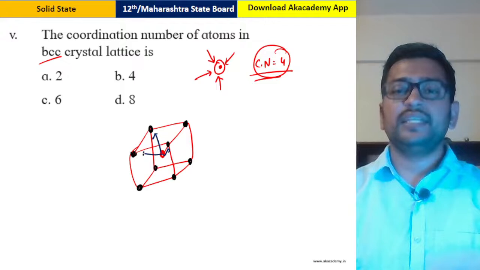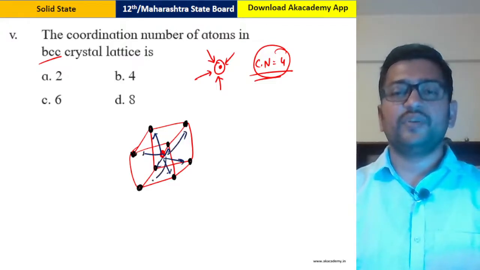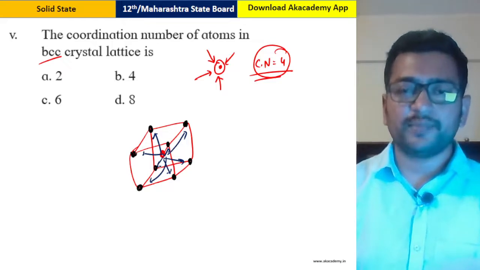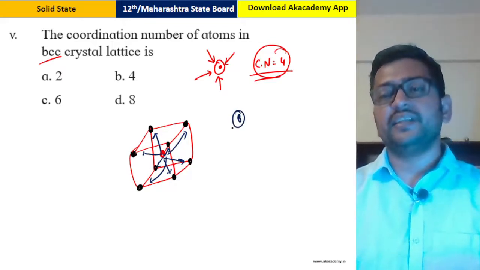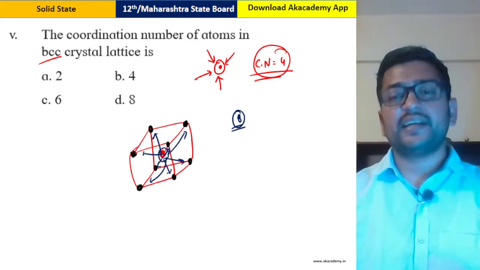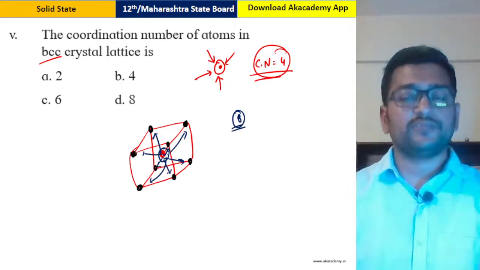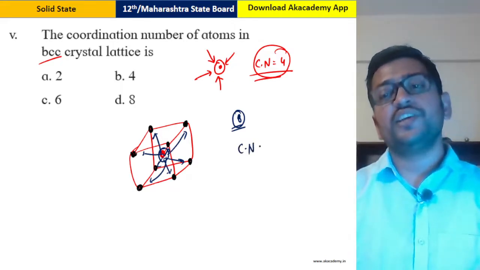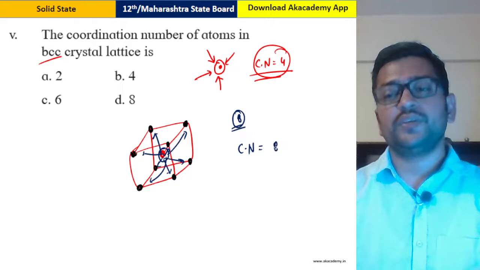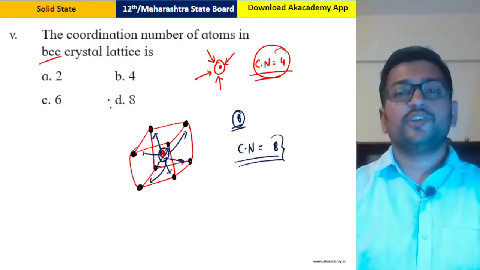So 1, 2, 3, 4, and it is also in touch with these 4 atoms present at the bottom. So total 8 atoms are there. This red color atom is in direct touch with 8 more atoms. So the coordination number is going to be 8 over here. So here the correct answer is going to be D.